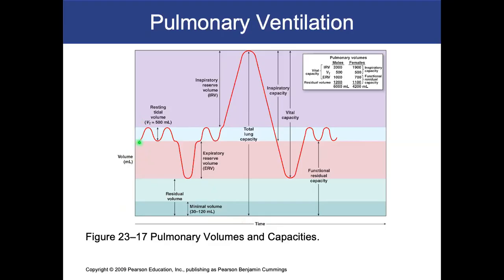So what ends up happening, let me explain this first, and then we'll go over how we do this. So this is resting tidal volume. So the arrows indicate the volumes, all right? And these are the typical volumes that we're measuring when we're looking at pulmonary ventilation. So resting tidal volume, all right? How do we do this? You would take a normal breath in, and then let it out.